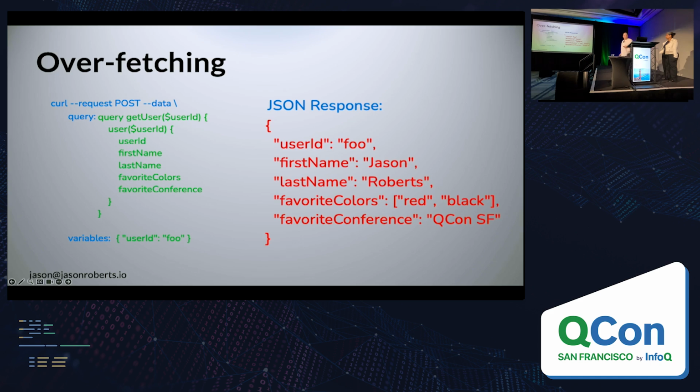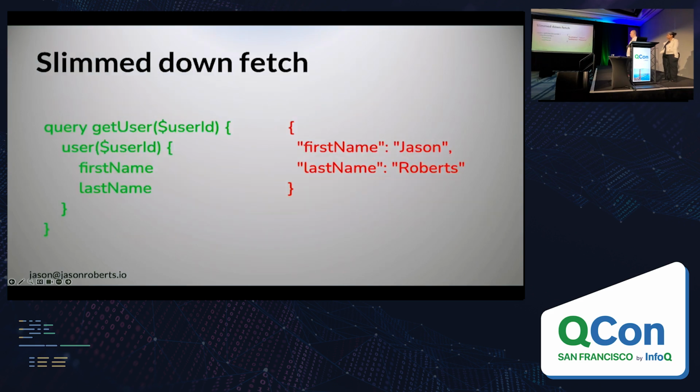Now, here, you could envision a scenario where I don't want all those fields. I only want 2 of them. Now, if I'm a REST API, I don't have that choice. I just have to get all the data. GraphQL does not have that limitation.